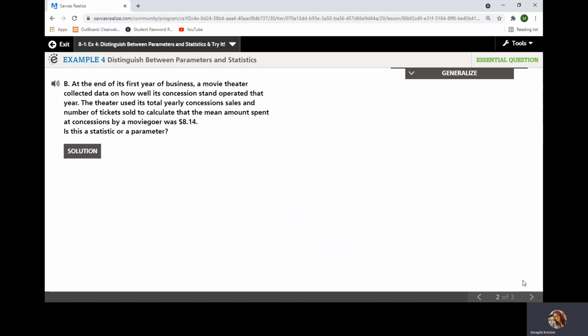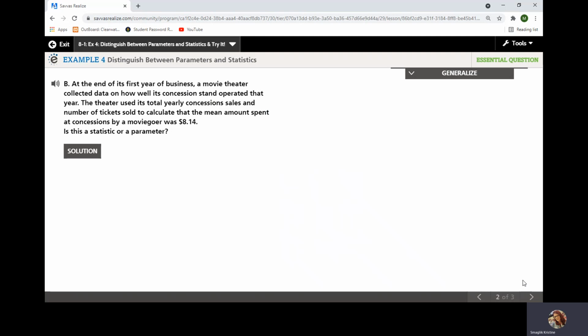At the end of its first year of business, a movie theater collected data on how well its concession stand operated that year. The theater used its total yearly concession sales and number of tickets sold to calculate that the mean amount spent at concessions by a moviegoer was $8.14. Is this a statistic or a parameter?